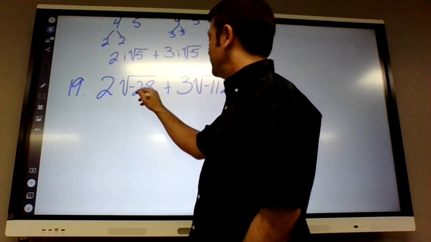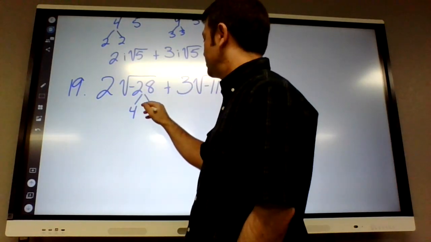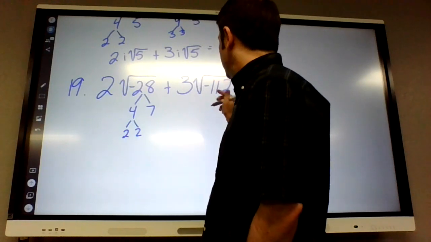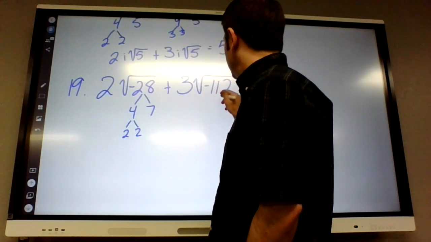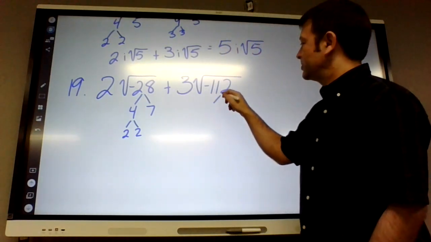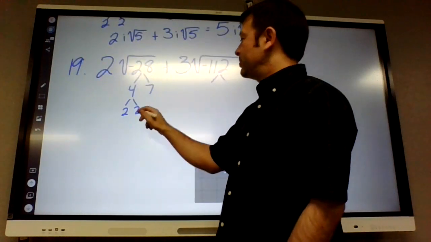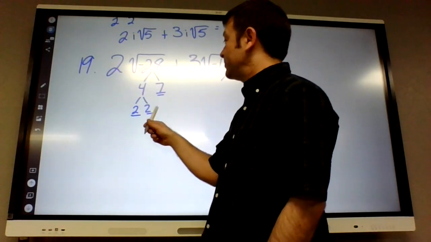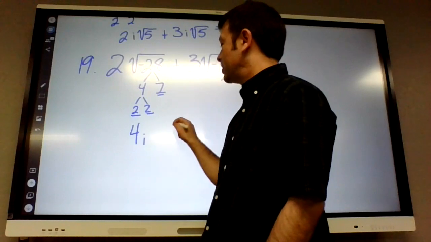Well, the 112. What did the 112 turn into? This one is 2 square root of 7 times 2, so that'd be 4 square root of 7, or 4i square root of 7.